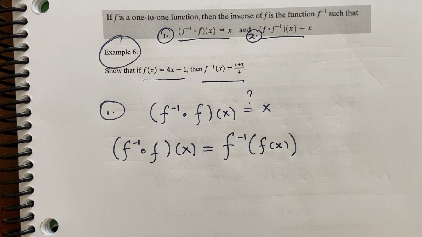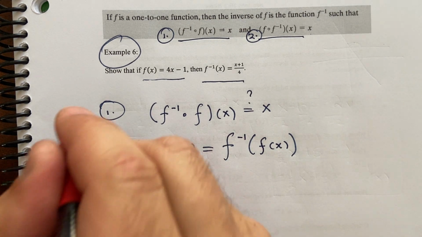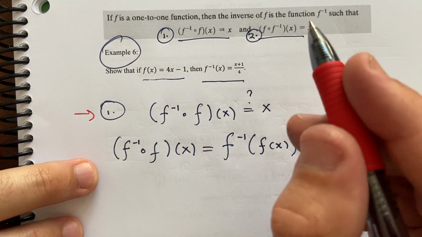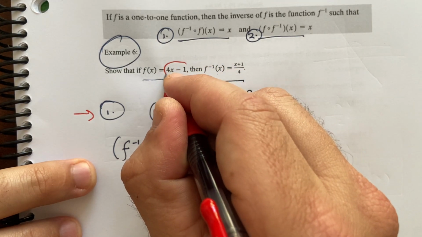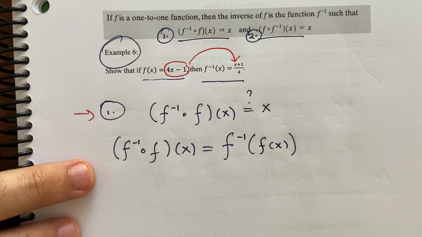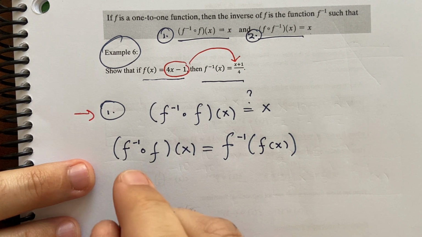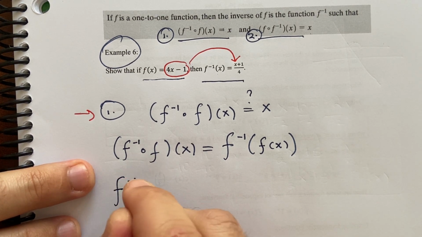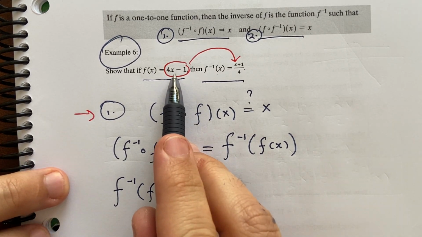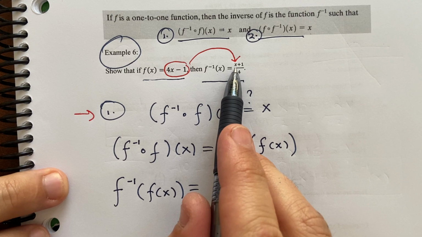So for this first one, if I take f and plug it in to x. This would be the check. So f inverse composed with f of x. I'm taking 4x minus 1 and replacing x with it.